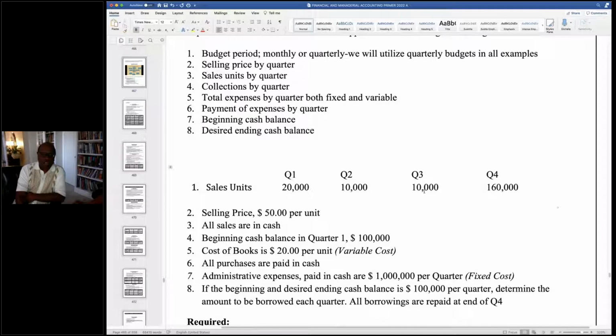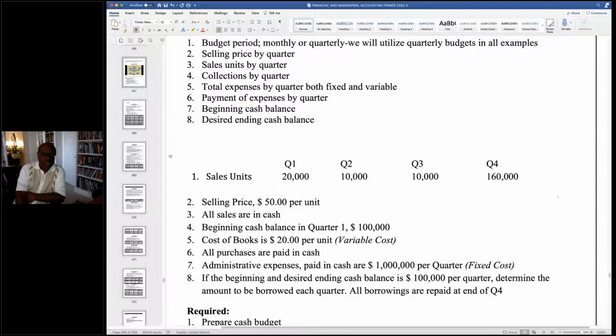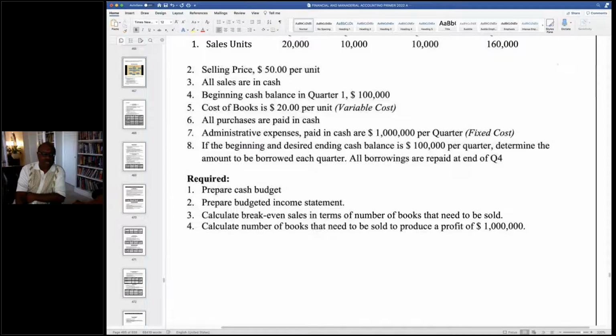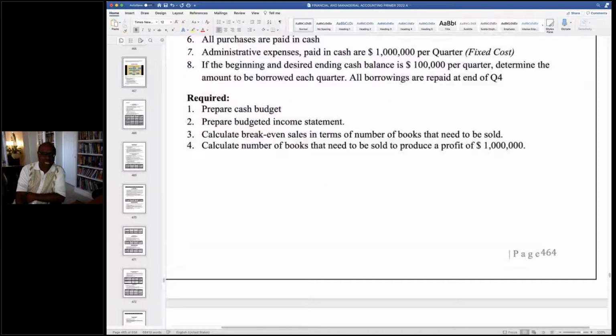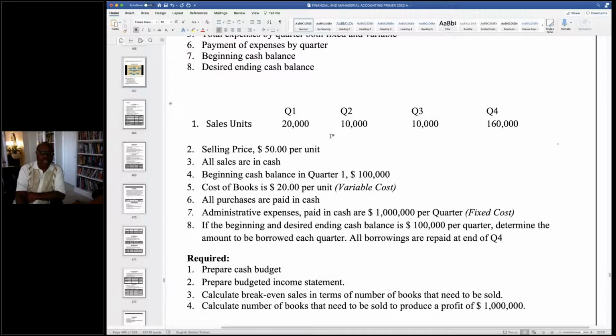So what happens when in quarters 2 and 3, the sales are really weak? So we will prepare our cash budget and an income statement also for the bank, showing, okay, this is the income that we expect, but this is what the budget looks like. So let's look at what that cash budget would look like.